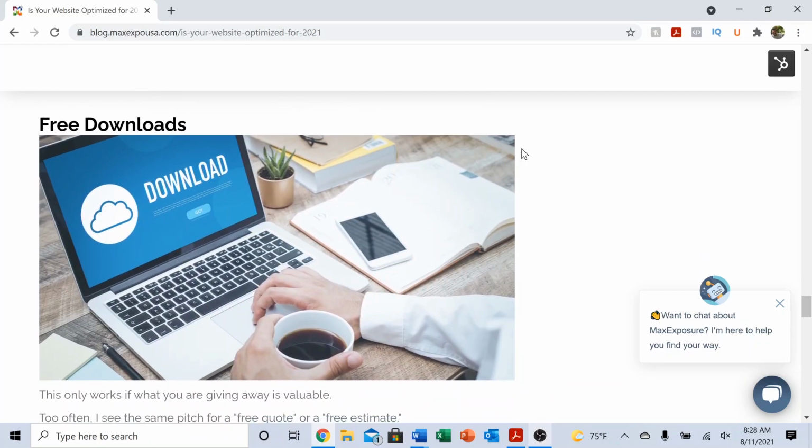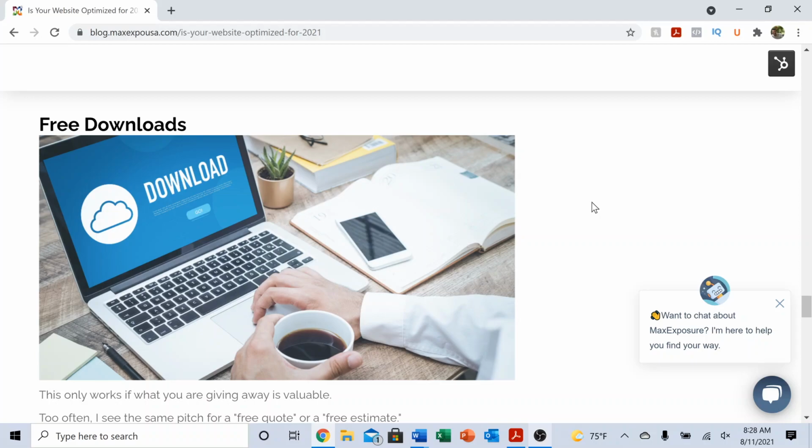Free downloads. This is another great way to capture someone's information. Make sure you have multiple things of value on your website that someone can download by giving their information to you. Think of it as a fair exchange, right? A fair exchange of information.